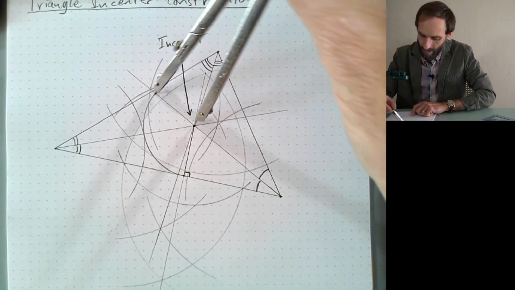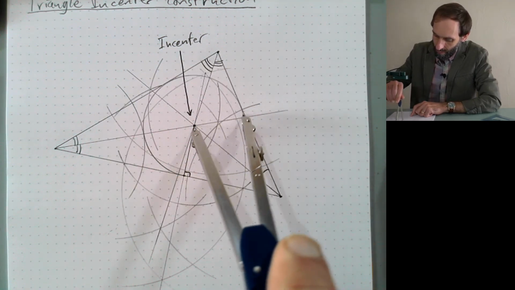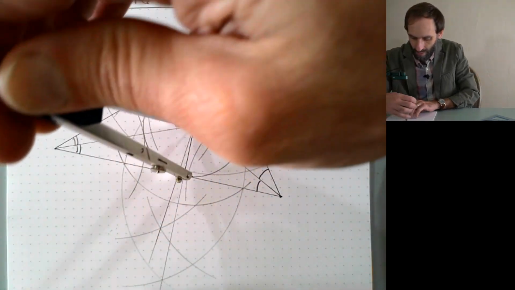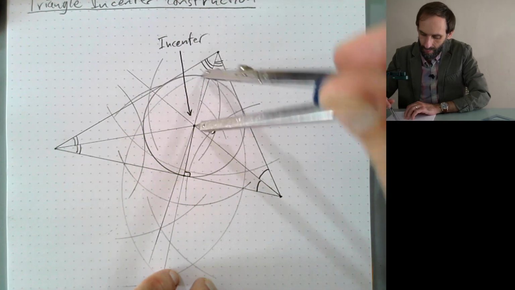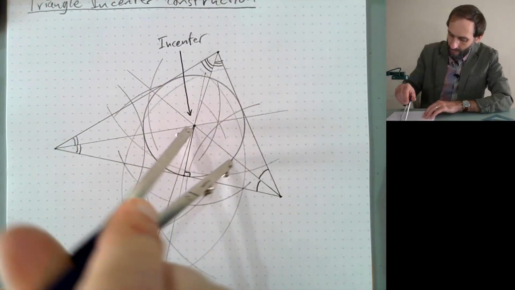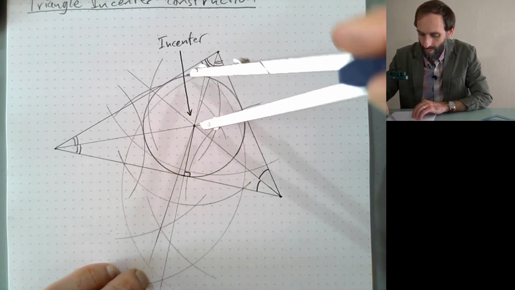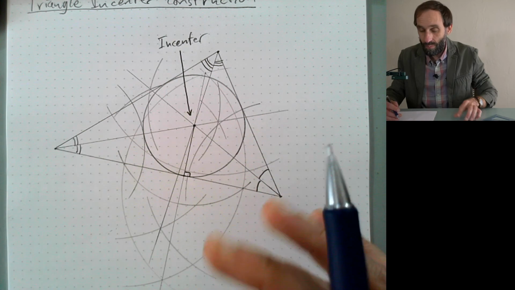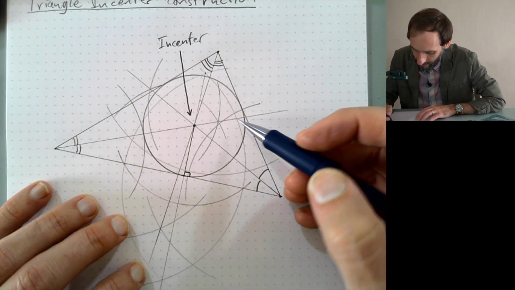Let's draw my circle. That side looks pretty good. That side looks pretty good too. All right, let's just darken it down a little bit now. So that right there is the incircle of the triangle. It is a circle that's perfectly inscribed within the triangle.